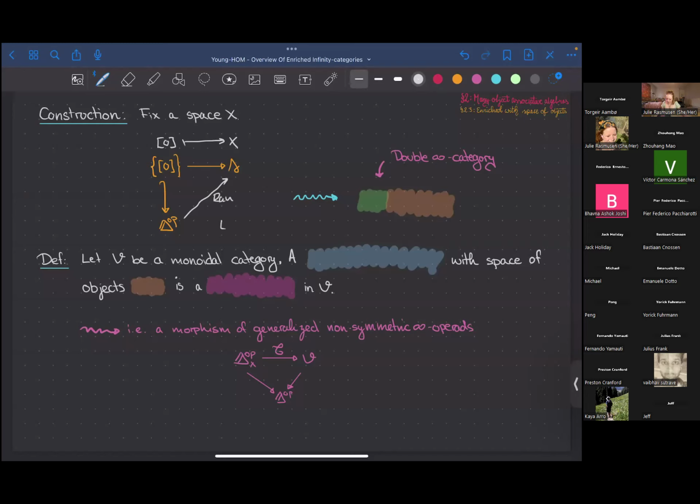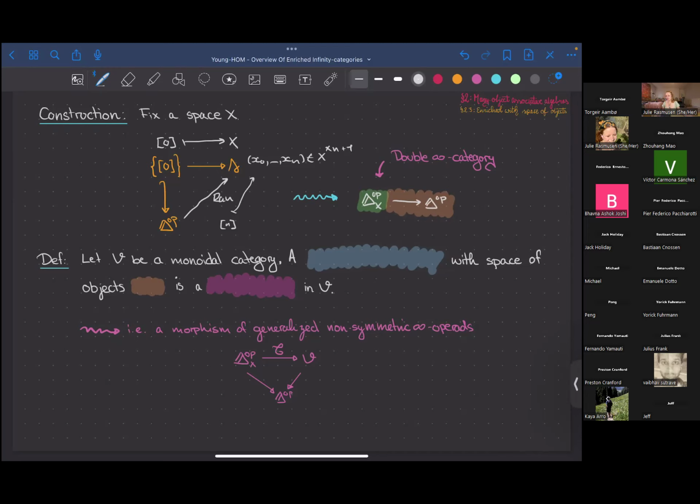What this right Kan extension will do, on objects at least, is take n and send it to a list of n+1 objects in X. So it will map it to X0 through Xn, which will be in X to the n+1. We can then straighten this map to get a co-Cartesian map, a source, that goes from what we denote by delta up x down to delta up.